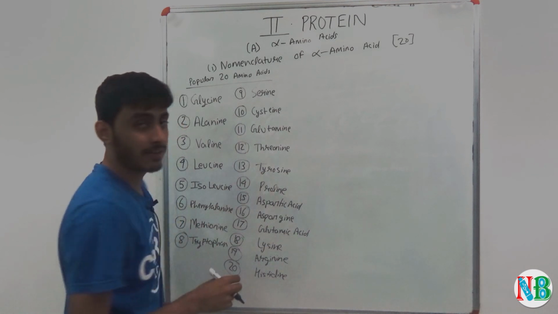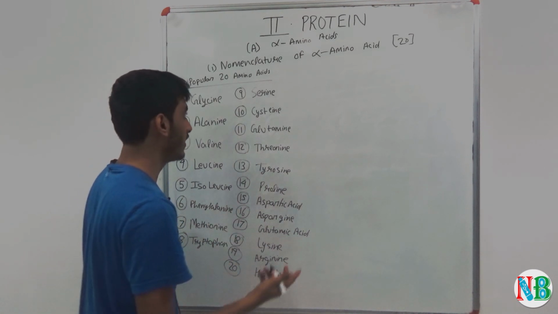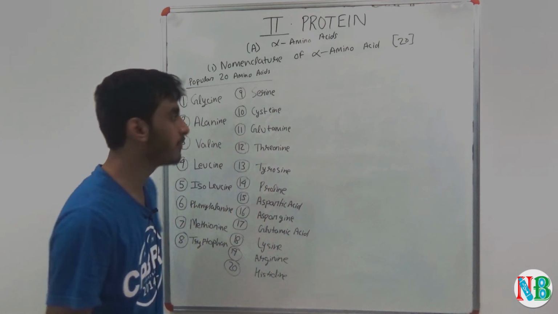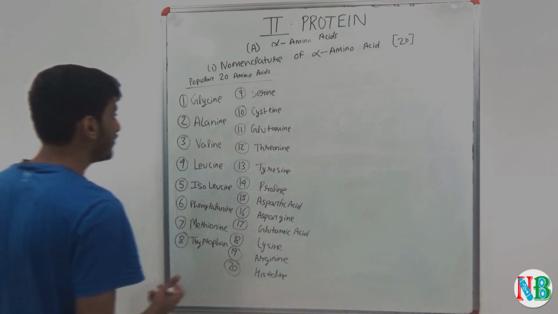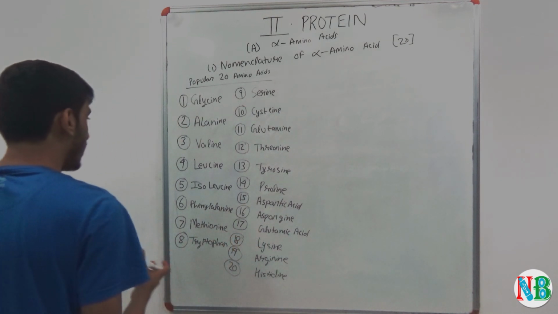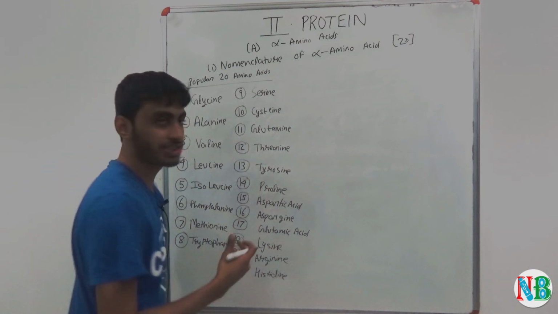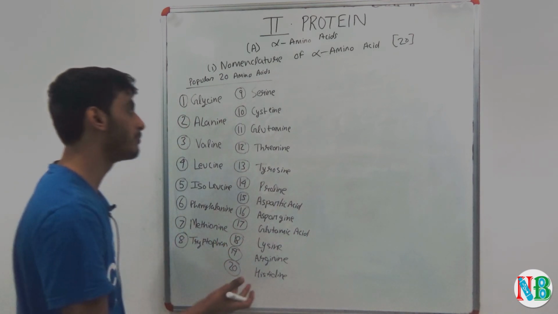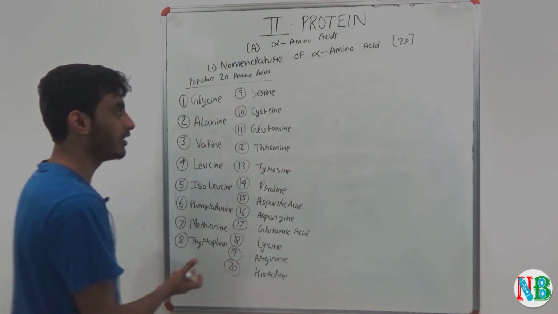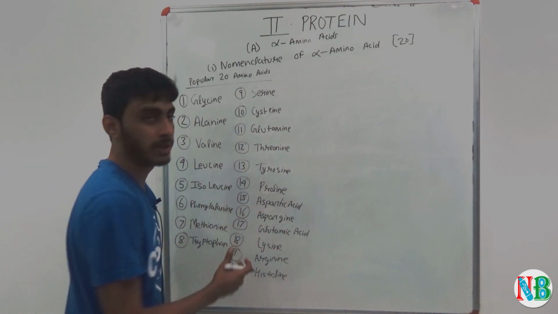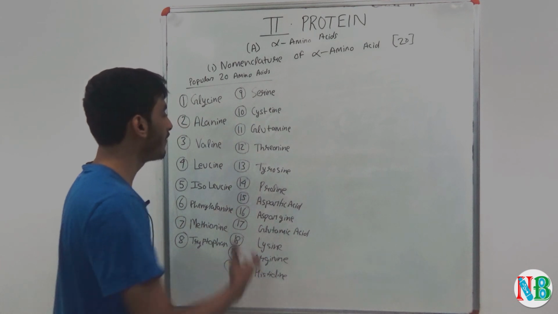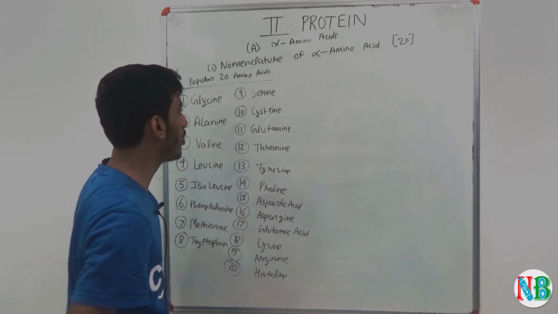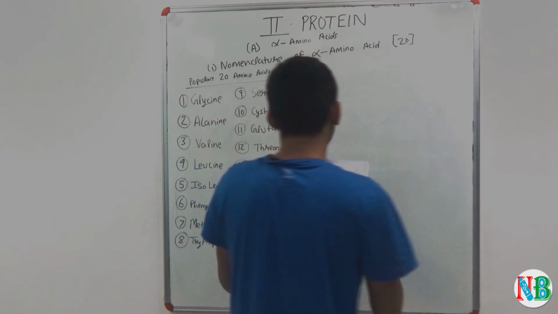Some of them might have 2 or more NH2 or COOH groups. If you have a compound which has more COOH groups, it turns out to be more acidic. If you have more NH2 groups in it, it turns out to be more basic. If you have both equal in number, it turns out to be a neutral compound.